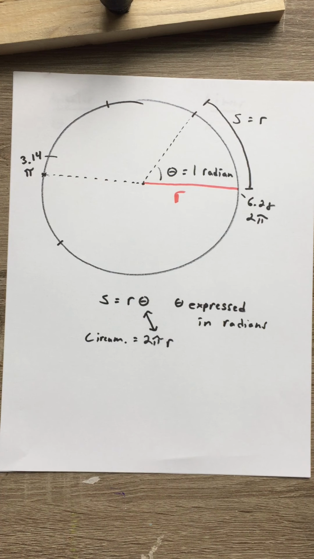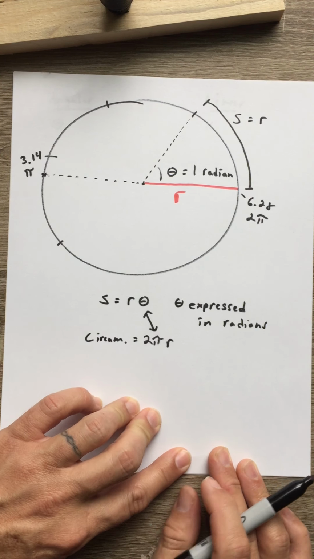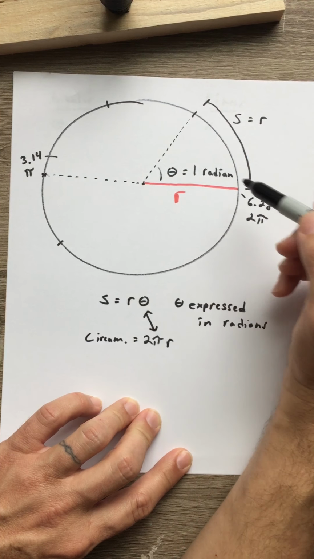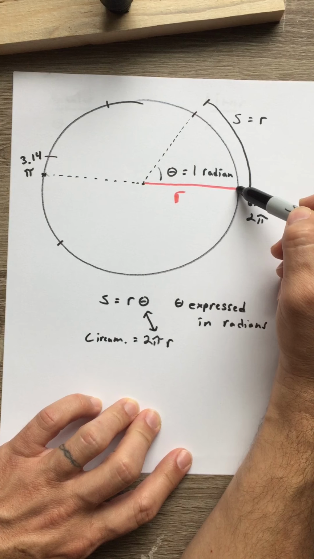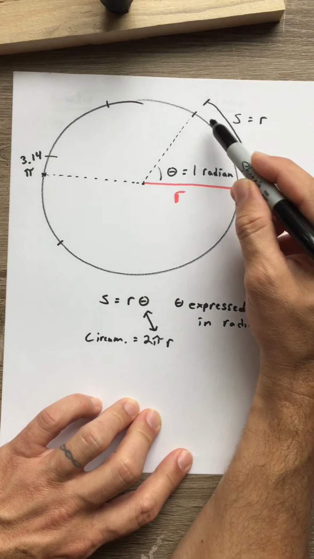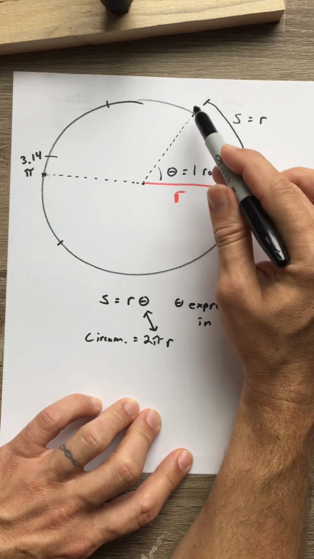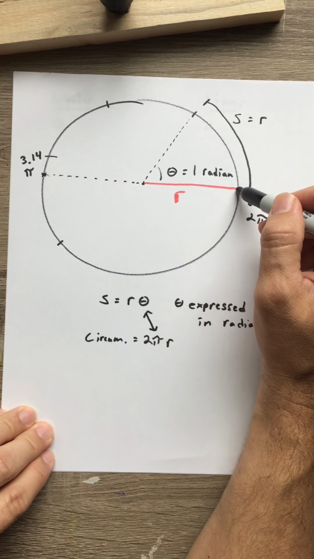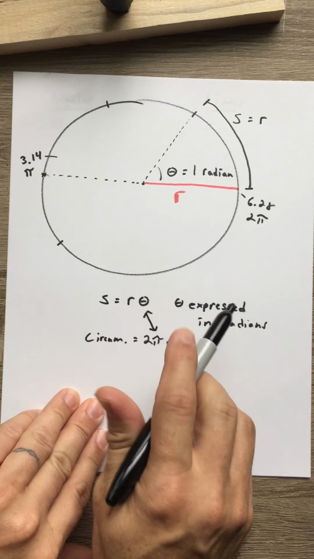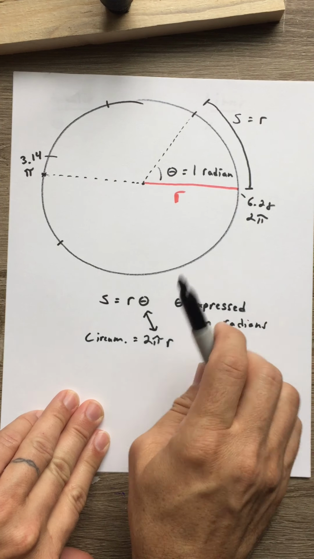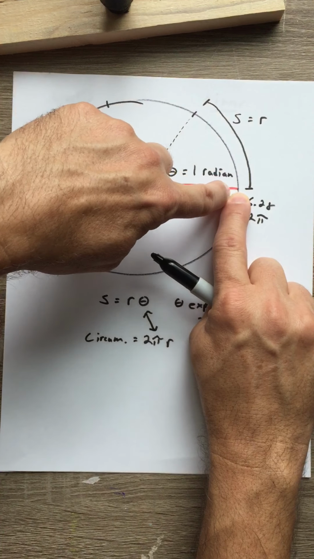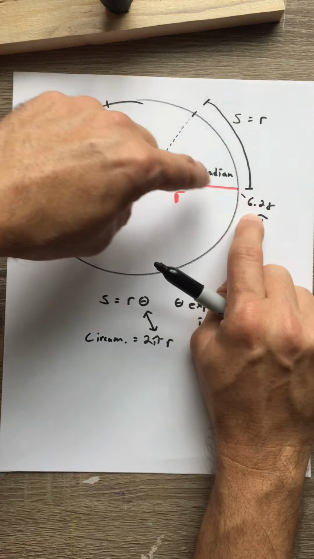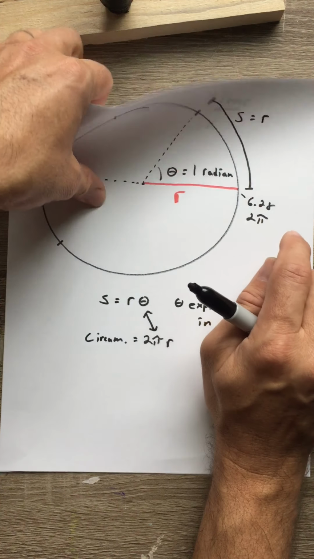But if you want to be able to communicate easily with others, probably best to follow what everyone else is doing, at least mathematically. So if we start here, we can move counterclockwise around the circle, and that is known as the positive direction. This will be my origin. So any theta I list will, by default, be measured around the circle from here, counterclockwise direction. Unless, of course, it's a negative theta, then I measure it clockwise.